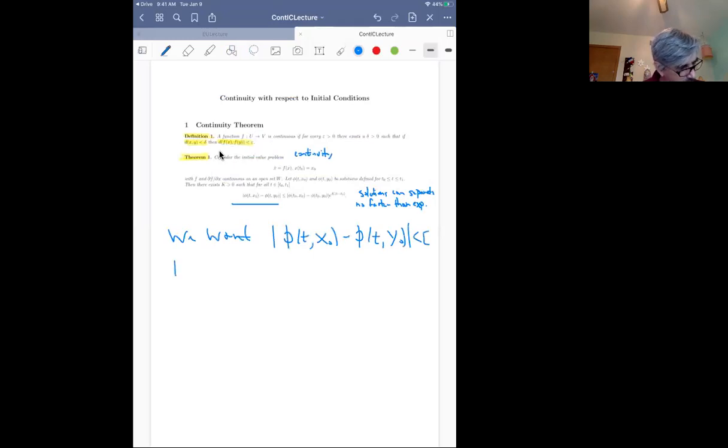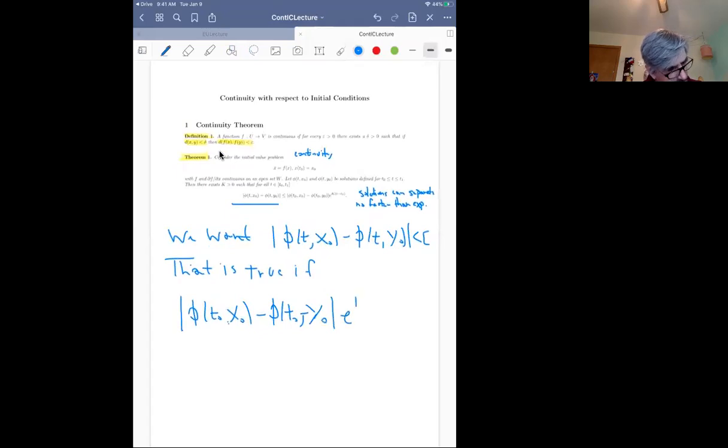Well, that will be true if we believe this theorem, if the distance between phi of t naught x naught, the starting value, and phi of t naught y naught, times e to the k times t minus t naught, is less than epsilon. But what is this stuff right here?